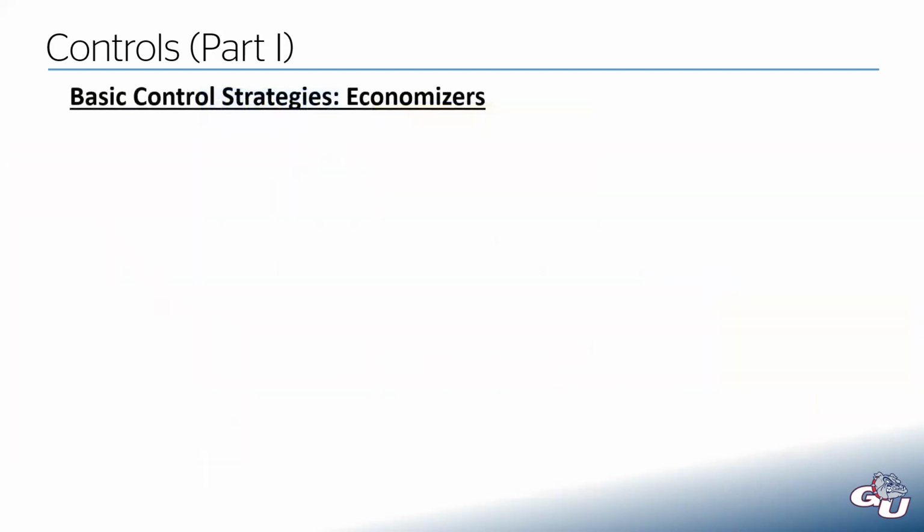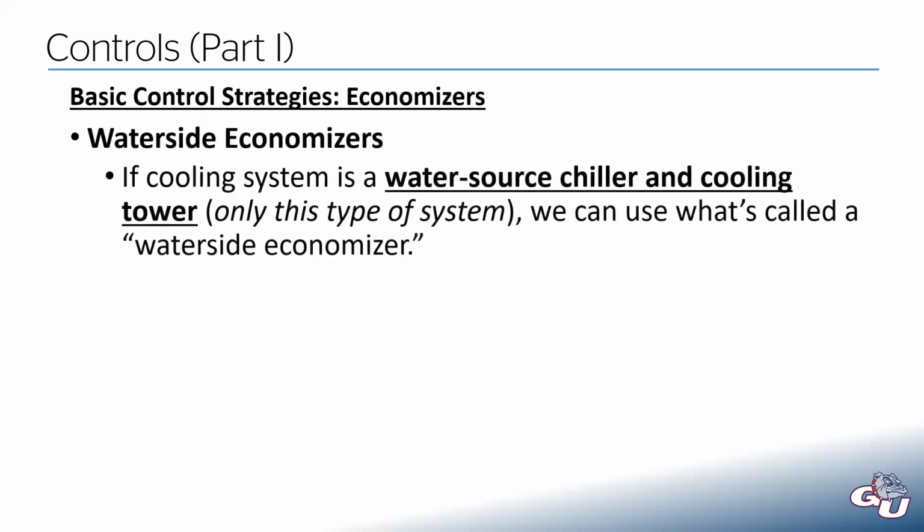So airside economizers, generally very simple. It gets a little more complicated with a water side economizer. This only applies if you have a water source chiller with a cooling tower. Only that type of system. If you have that, you can use a water side economizer.